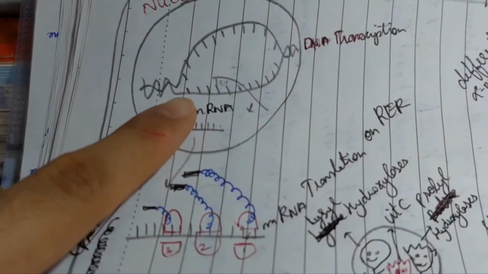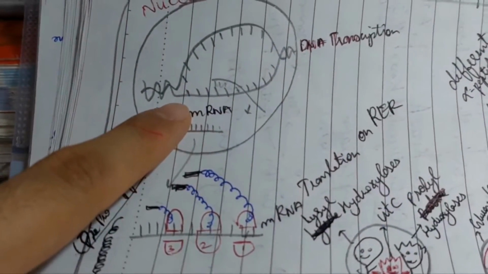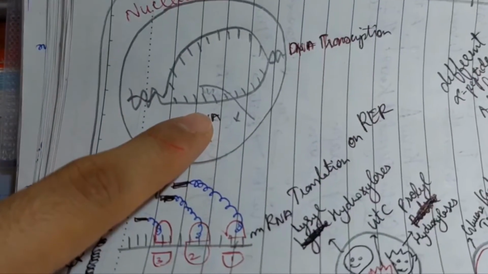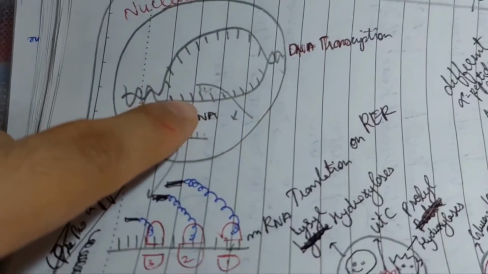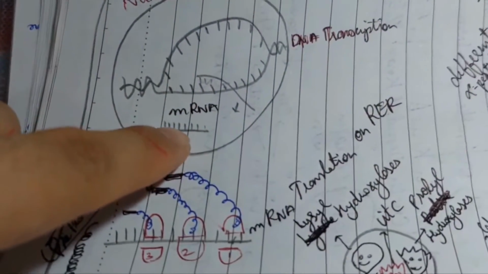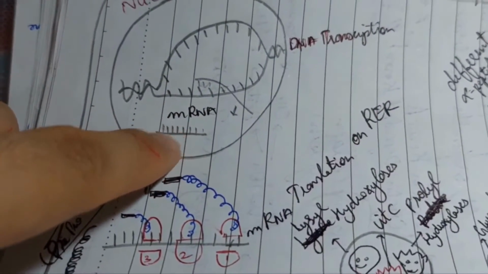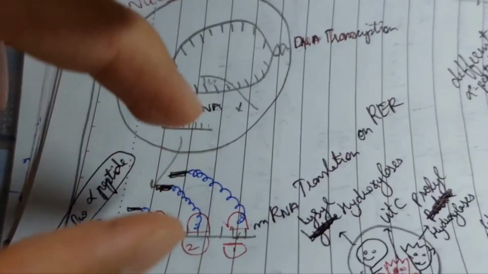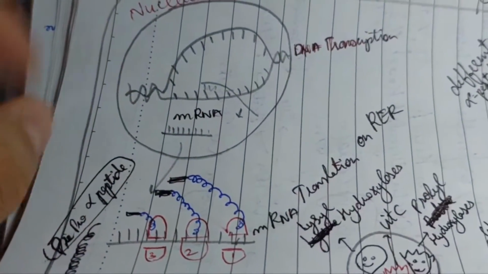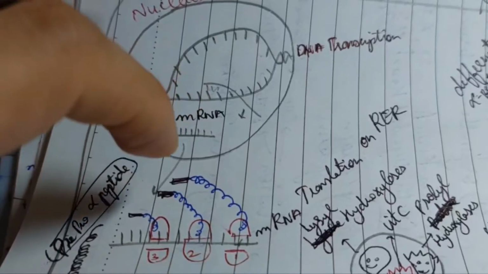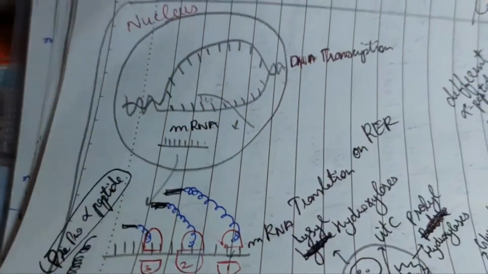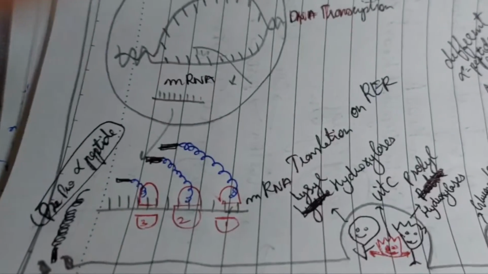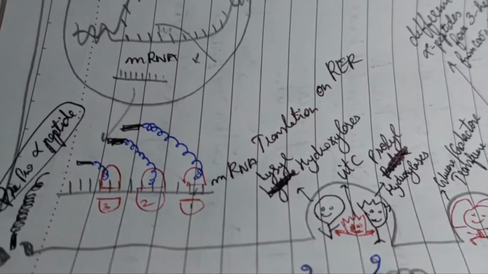For example, gene 1 can be responsible for synthesis of the alpha 1 chain, gene 2 for the alpha 2 chain, and gene 3 for the alpha 3 chain. So gene 1 will make the mRNA for the alpha 1 chain, that will be translated by many ribosomes, with many peptide chains being synthesized. Same goes for gene 2, which will synthesize mRNA for the alpha 2 chain, and gene 3, which will synthesize the mRNA for the alpha 3 peptide.